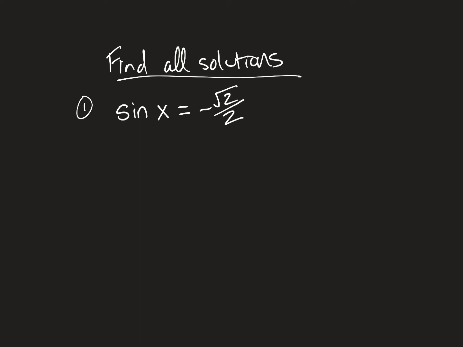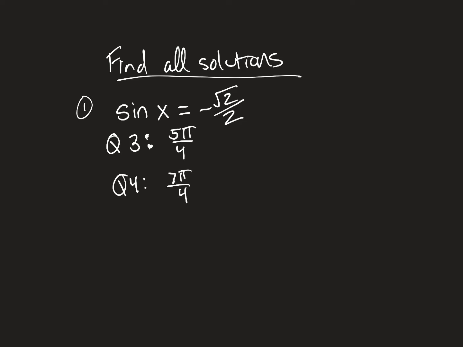And when you see that root 2, you're going to think reference angle pi over 4. So the quadrant 3 angle, that when I take the sine, I get negative root 2 over 2, would be 5 pi over 4. And the quadrant 4 angle would be 7 pi over 4.